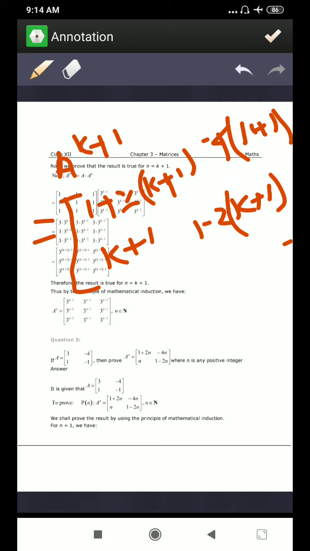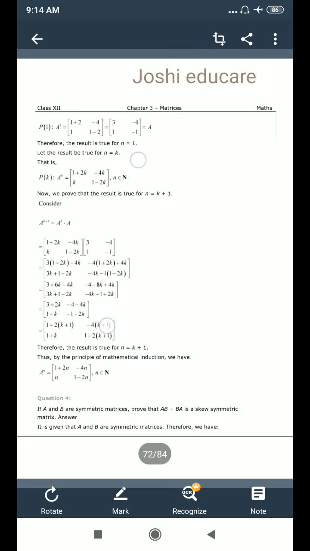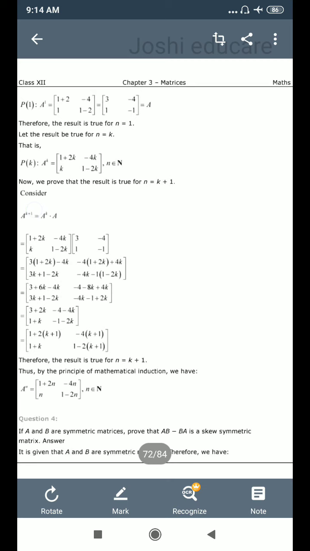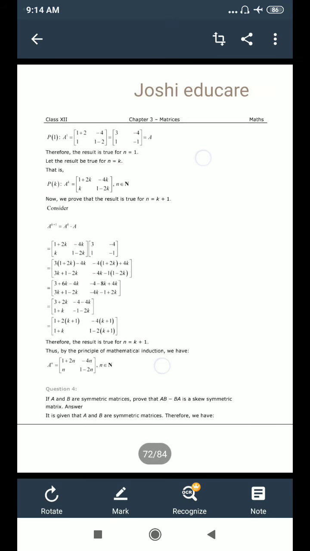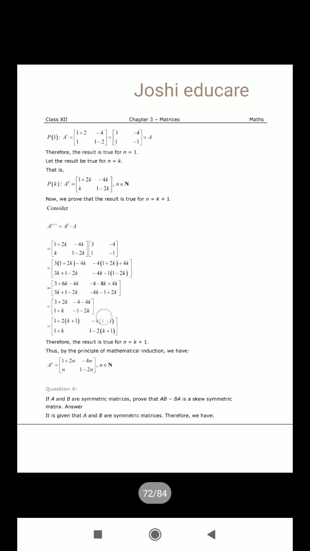All right. So let us check it. A raised to power k plus 1 will be A raised to power k into A. So this is A raised to power k and this is A. You multiply both these two. On multiplication, you are going to get 1 plus 2 into (k plus 1), minus 4 into (k plus 1), k plus 1, and 1 minus 2 into (k plus 1).